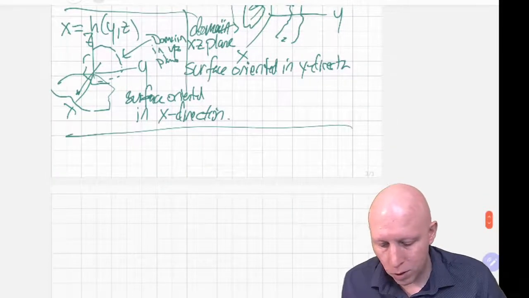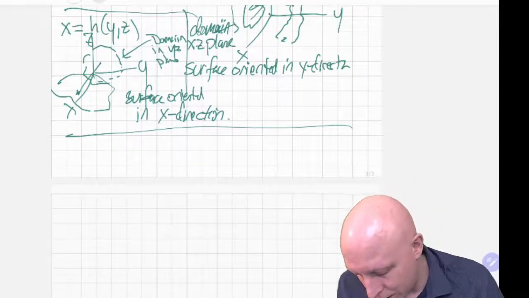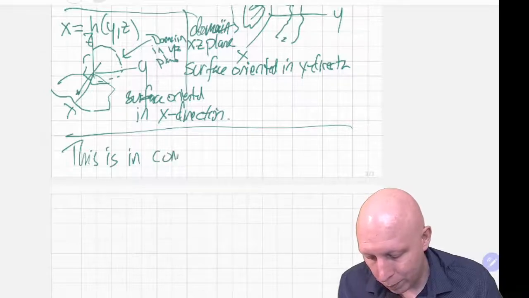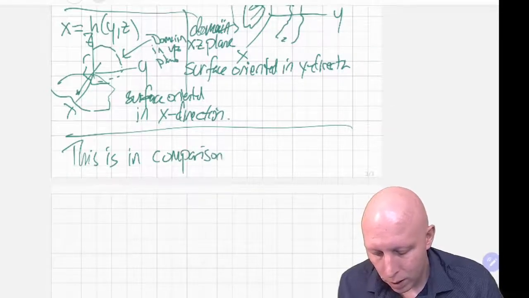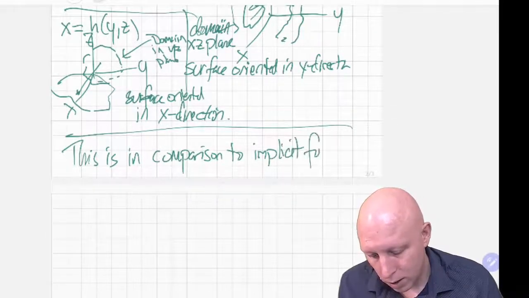We're also used to maybe seeing functions that look like this, in comparison to implicitly defined functions, implicit functions.